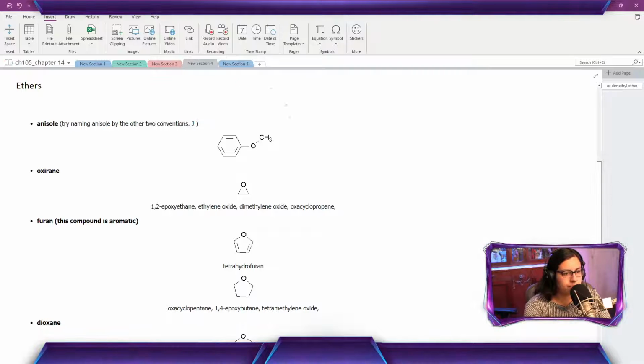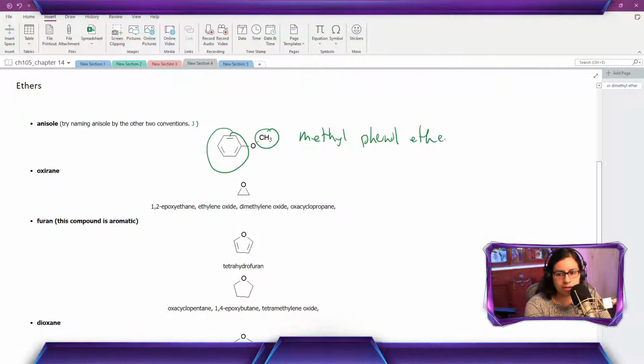So we have a methyl group and a phenyl group. So another name for this could be methyl phenyl ether.